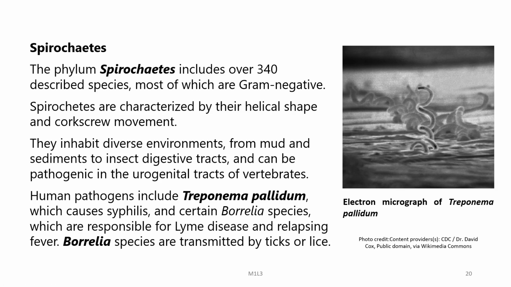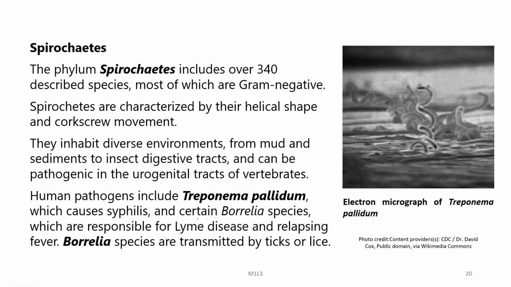Spirochetes. The phylum Spirochetes includes over 340 described species, most of which are gram-negative. Spirochetes are characterized by their helical shape and corkscrew movement, and you can see this helical structure over here in this electron micrograph of Treponema pallidum. They inhabit diverse environments from mud and sediments to insect digestive tracts, and can be pathogenic in the urogenital tracts of vertebrates.